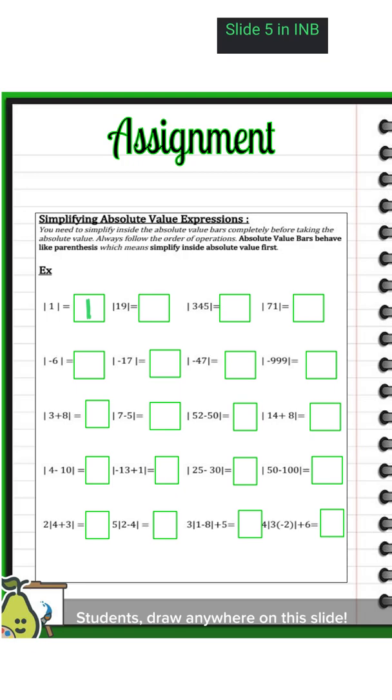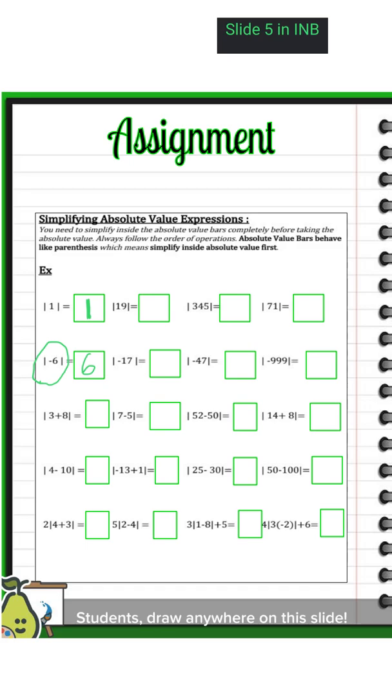So whatever is inside those absolute value bars is always going to turn to a positive. If you look at this next one, the absolute value of -6, the inside is simplified, and the absolute value of -6, meaning what is the distance away from 0? Well, -6 on the number line, the distance is +6.